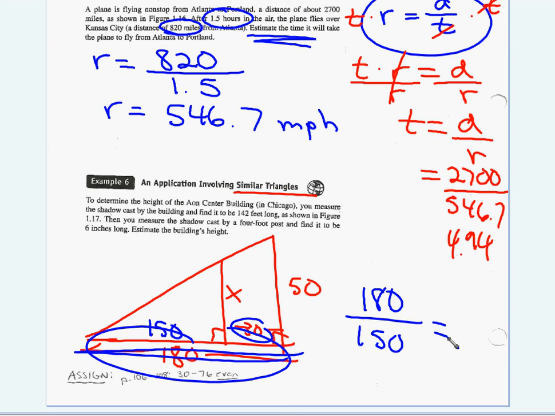Now notice we went big to small. So then I would go big to small. Is the same thing as 50 to x. Now that doesn't speak to this particular problem, but that does show you the idea that you're going to use to solve a similar triangles problem like that one. And we're going to stop there for today.